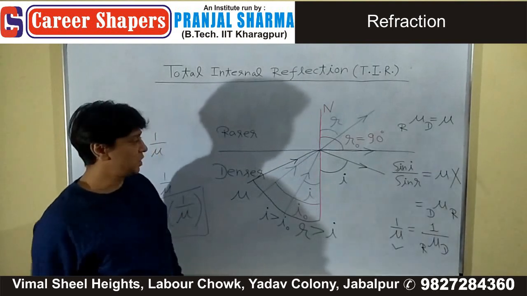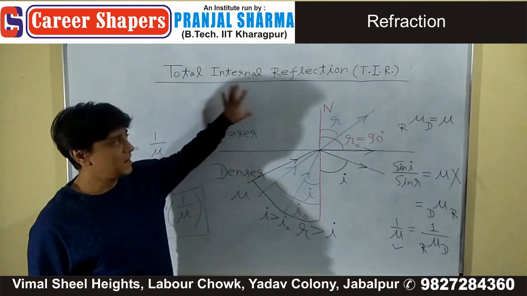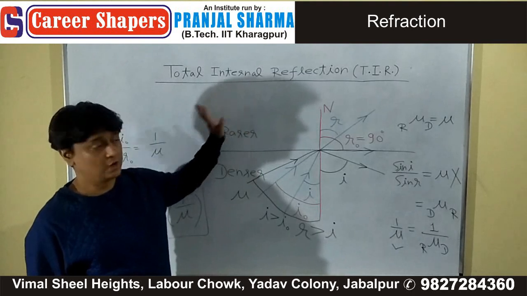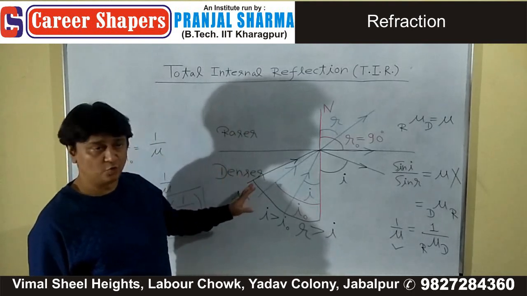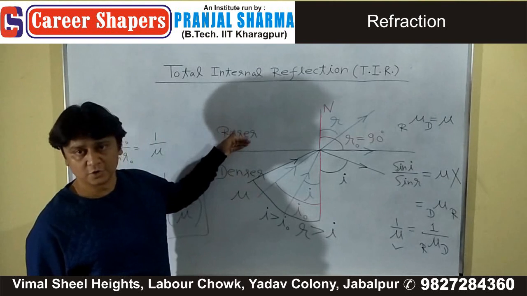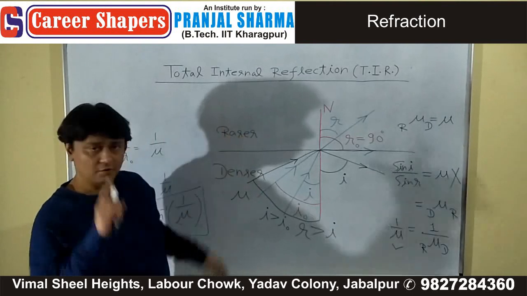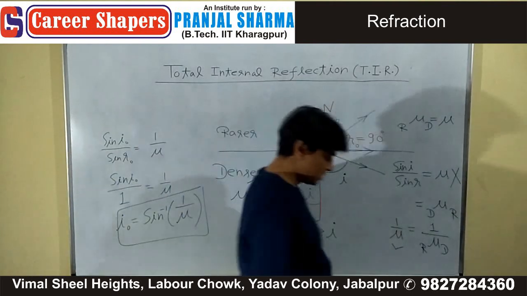The important thing is what? For TIR to take place, light should always move from the denser into the rarer medium. Write down this as a statement.